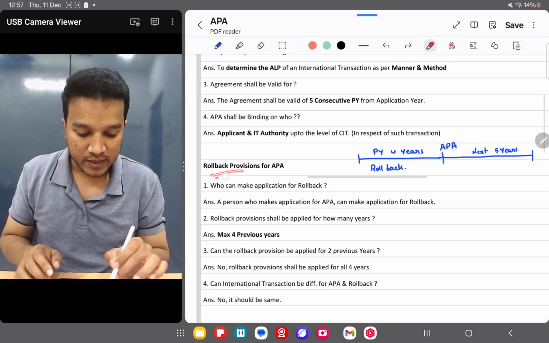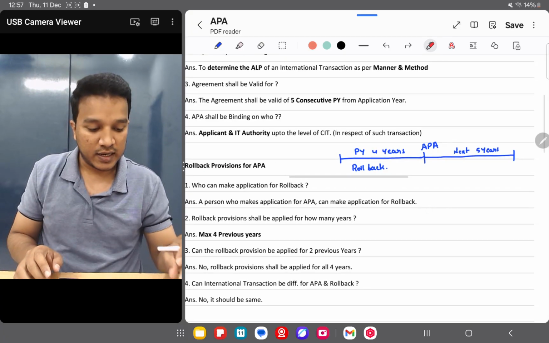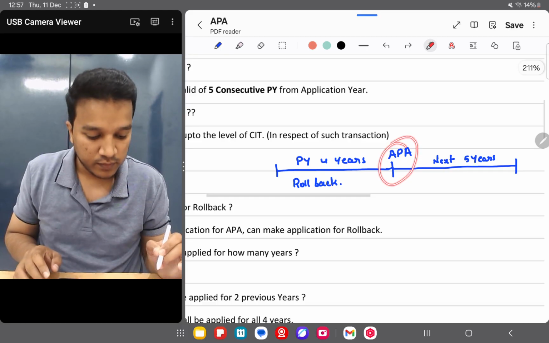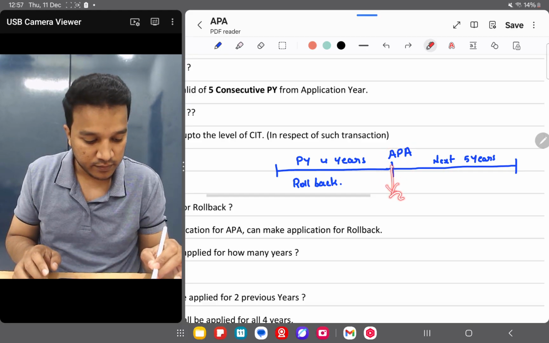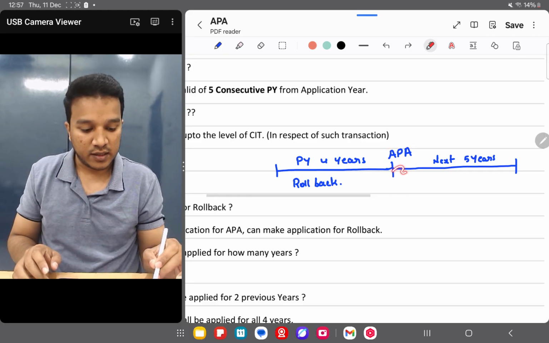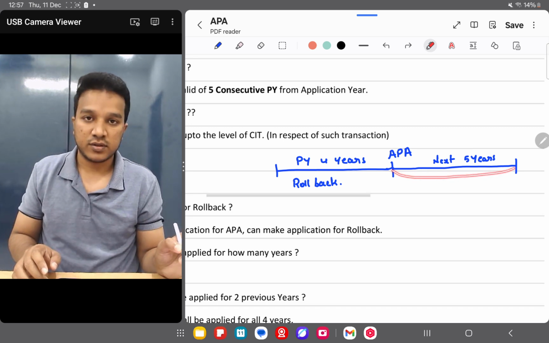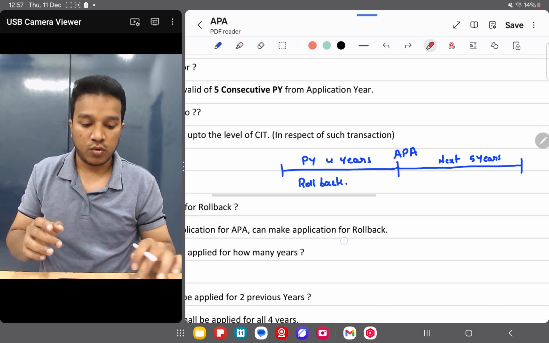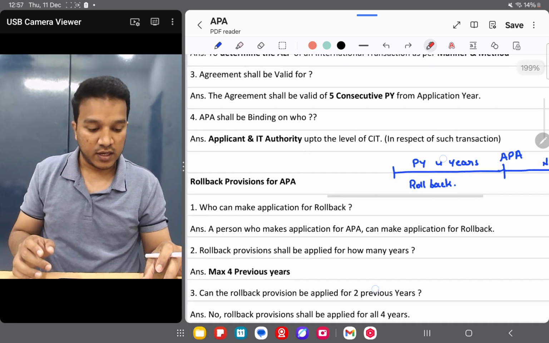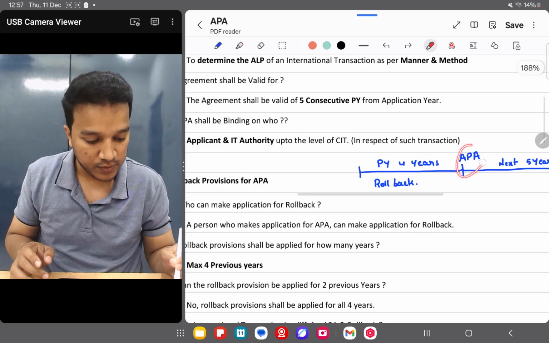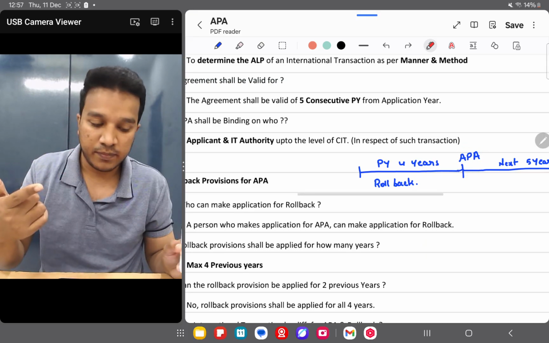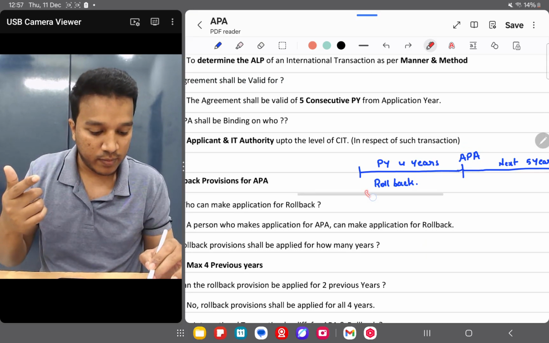Now next is your rollback provisions. So far, what did we do? We entered into an advanced pricing agreement, and this agreement will be applied for the next 5 years. Now in rollback provisions there is another opportunity where the same person who made an application for APA can also apply for rollback provisions.